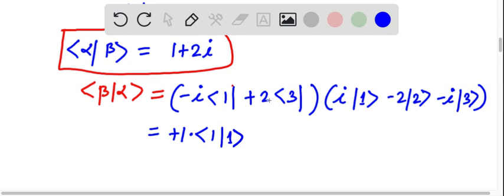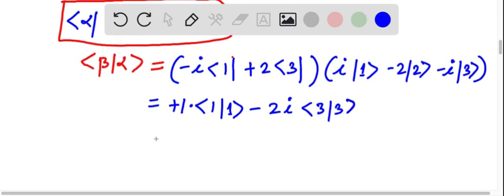The terms <3|2> and the other cross terms are 0, and 2 times −i <3|3> gives −2i. That means it is 1 − 2i. So that is <β|α>.